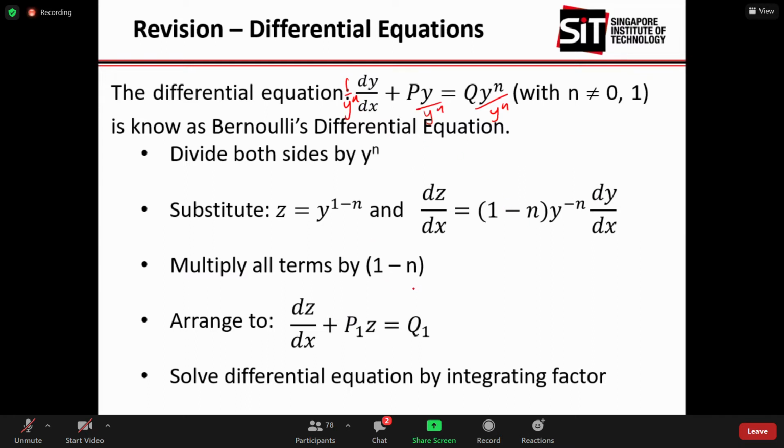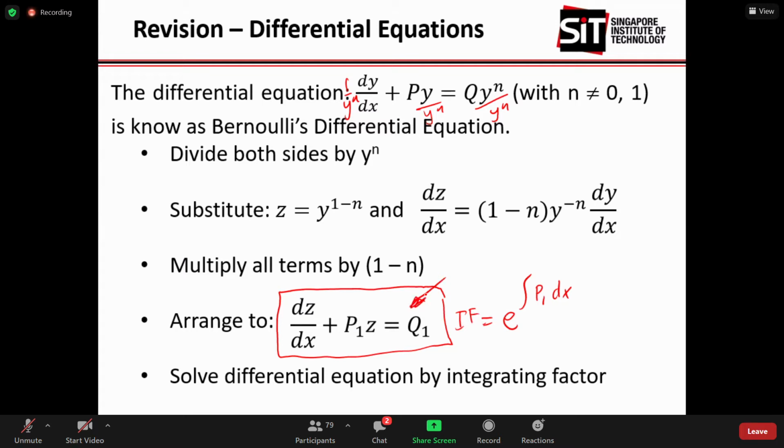You have the equation which is reduced to a linear first order differential equation, which then can be solved by the integrating factor e to the power of the integral of p1 dx, where this is the integrating factor to solve this equation here.